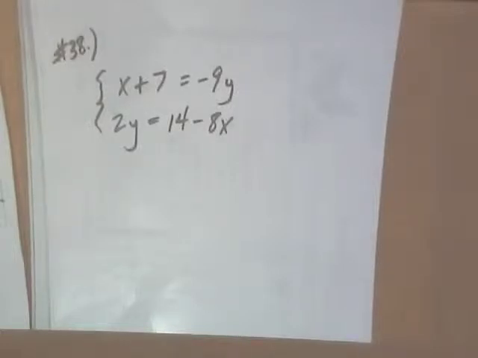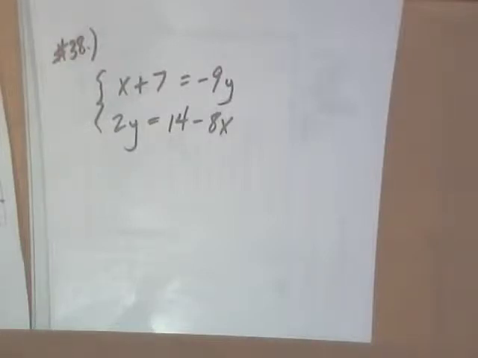What method? What do we do first? Elimination. We could do elimination. We'd have to move some stuff around though, right? Substitution. We could do substitution. We got to solve for a variable, right? Which of those four variables looks the easiest to solve for? The top equation, which variable?